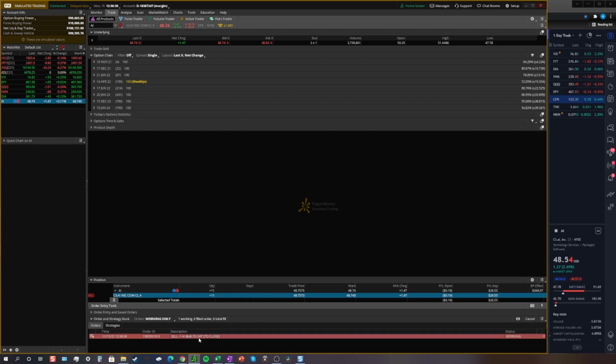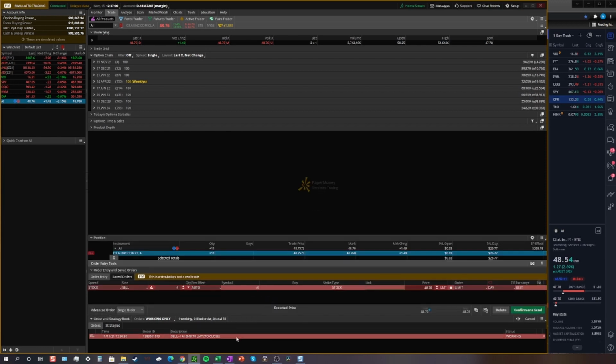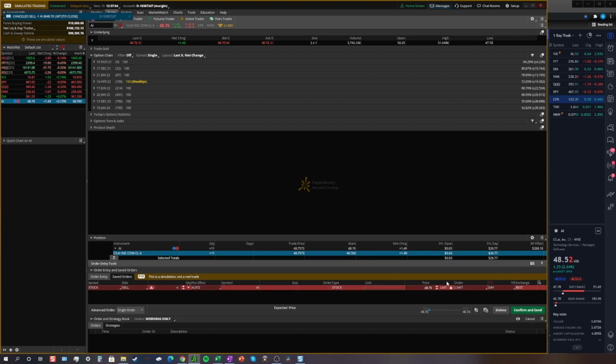So when you've got this open order, you can hit cancel order, or what you could actually do, because I know sometimes some of these trades are kind of hard and can be a pain to set up, is you can go into create duplicate order and then cancel order, and then you are back at your original order template, and then you can adjust what you need to adjust.